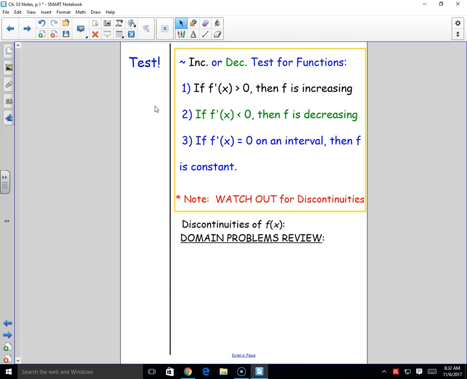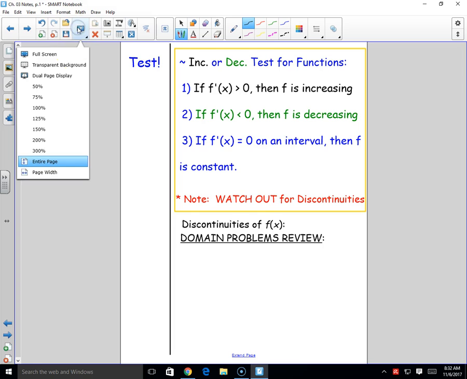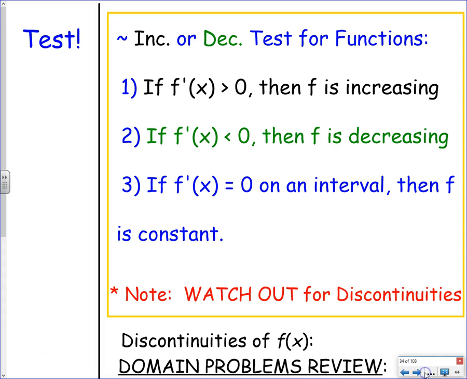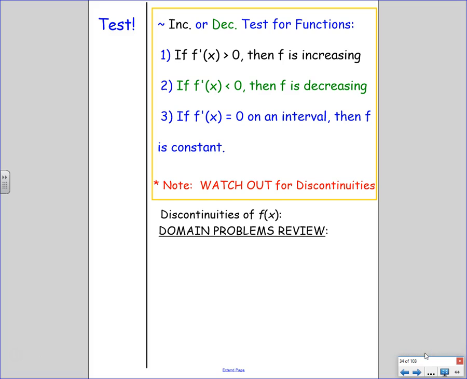So we're talking about discontinuities and how that could be a problem depending on the situation. Just real quick review. If we have an f over a g, well, you guys help me out. What are some other times when the domain is restricted besides a fraction? Square root of, any sort of log.